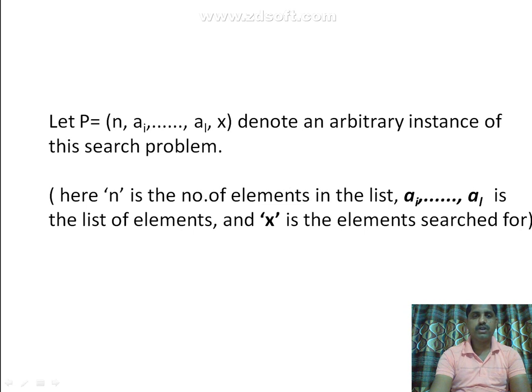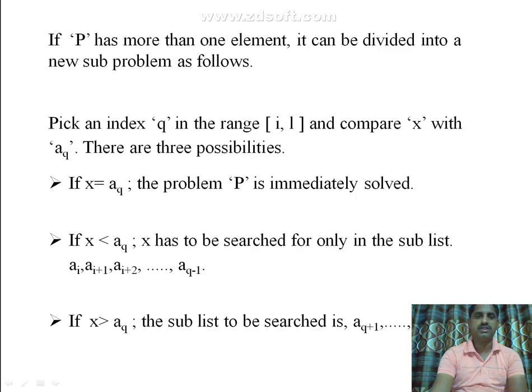Let P = (n, a_i, ..., a_l, x) denote an arbitrary instance of such a problem. Here n is the number of elements in the list, a_i, ..., a_l is the list of elements, and x is the element to search for in the given list. If P has more than one element, it can be divided into new subproblems as follows.